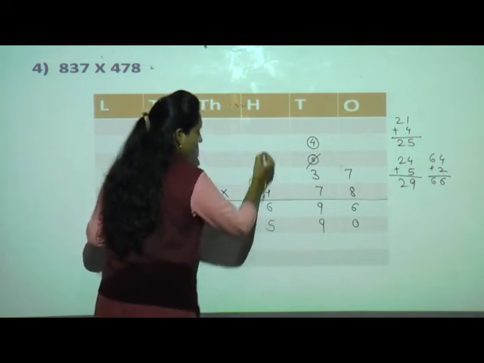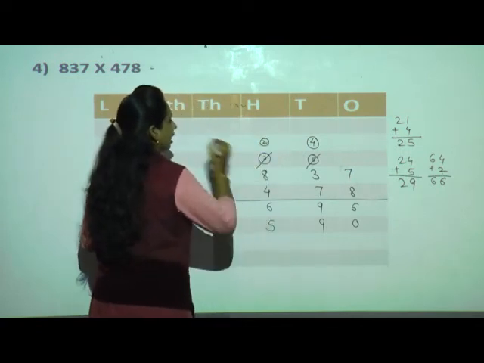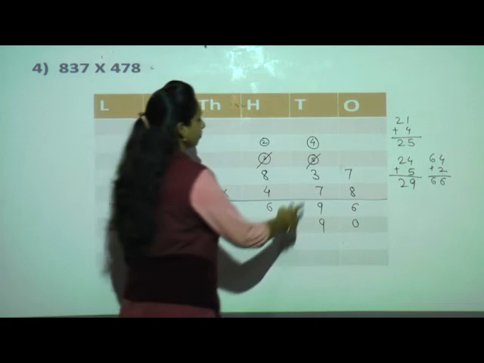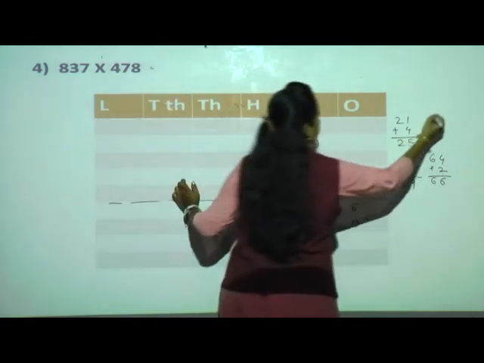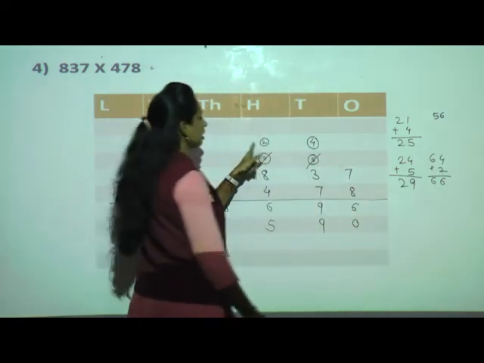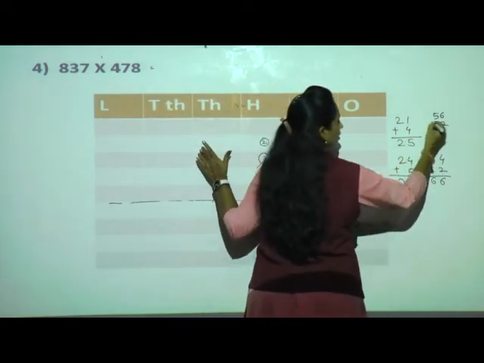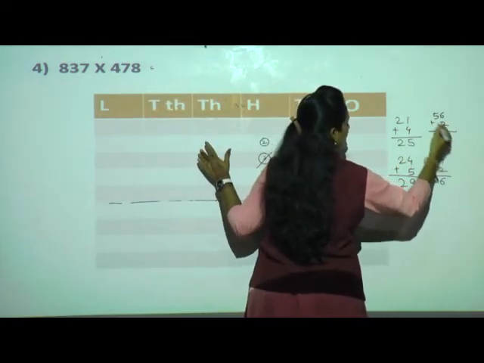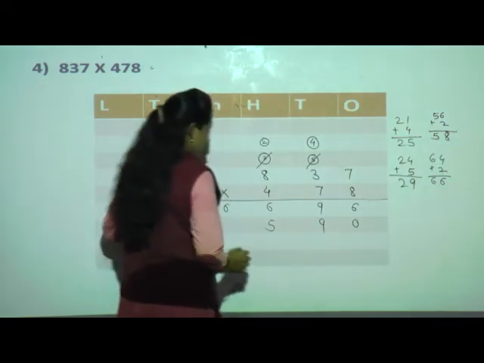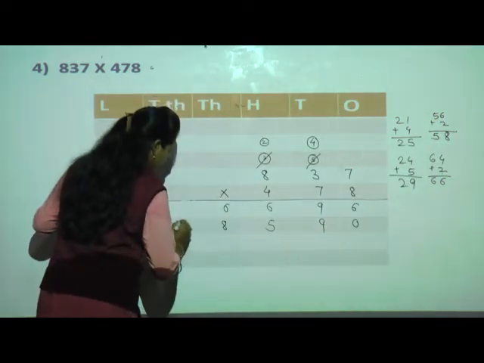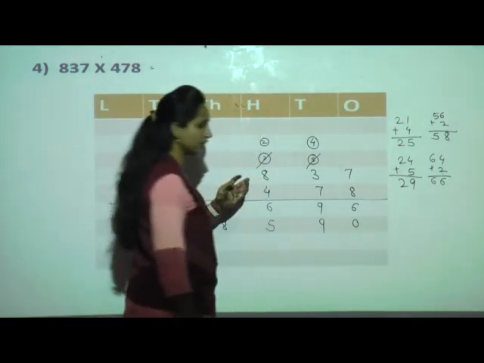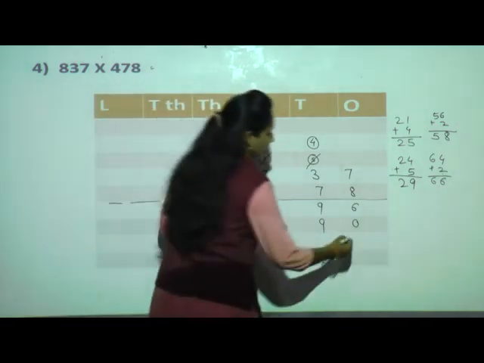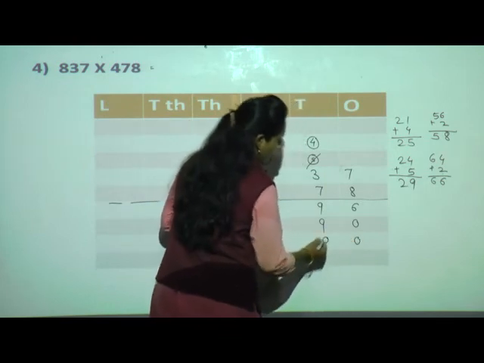So write here 5 and 2 will be carried over, and cross the previous one. Now 7 eights are 56. 56 plus 2. 6 plus 2 is 8, 5 as it is, 58.